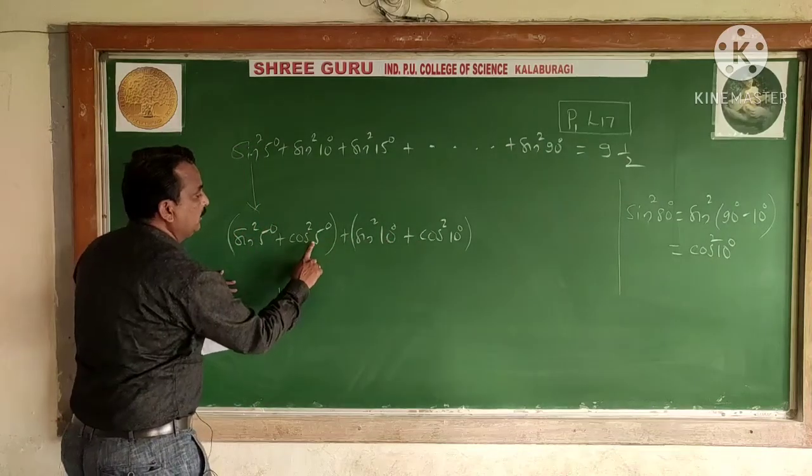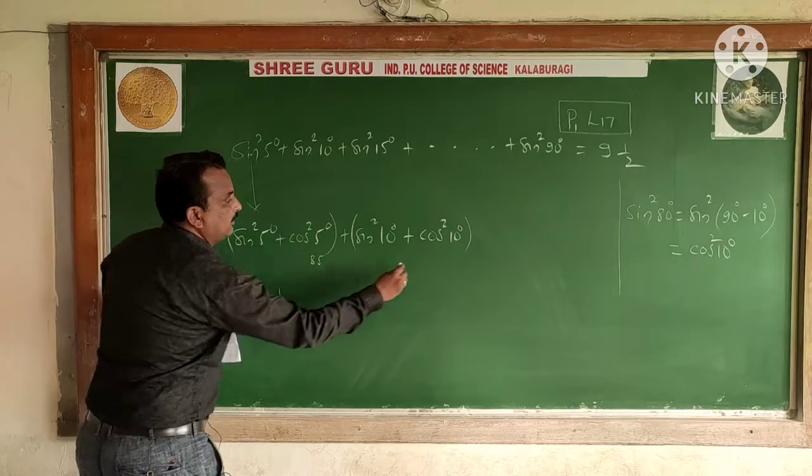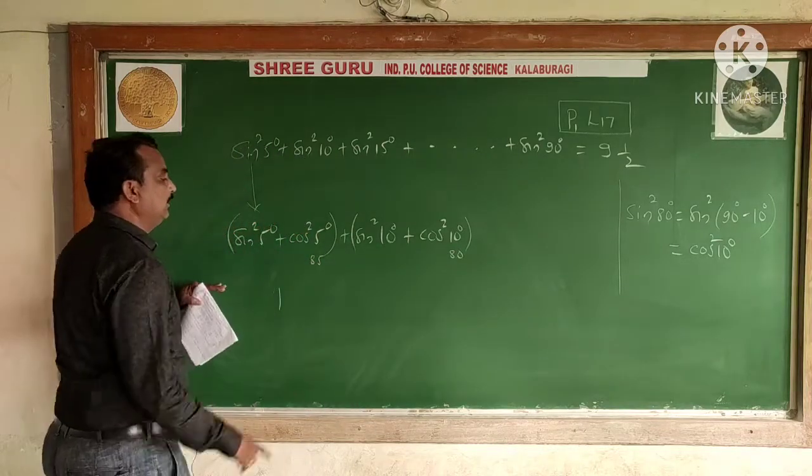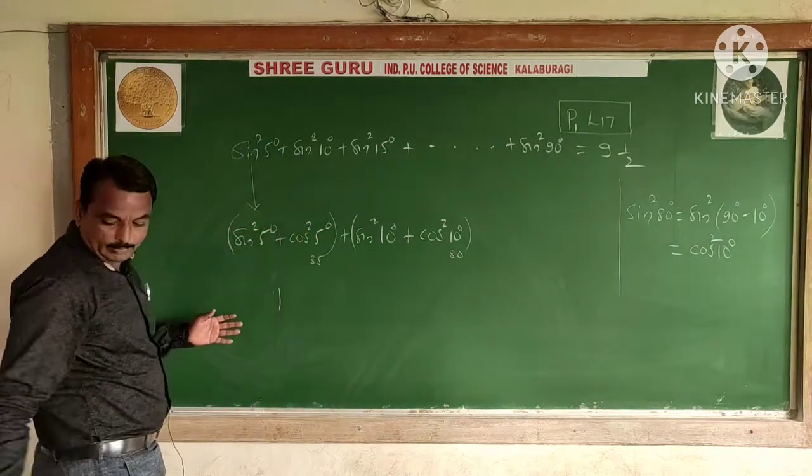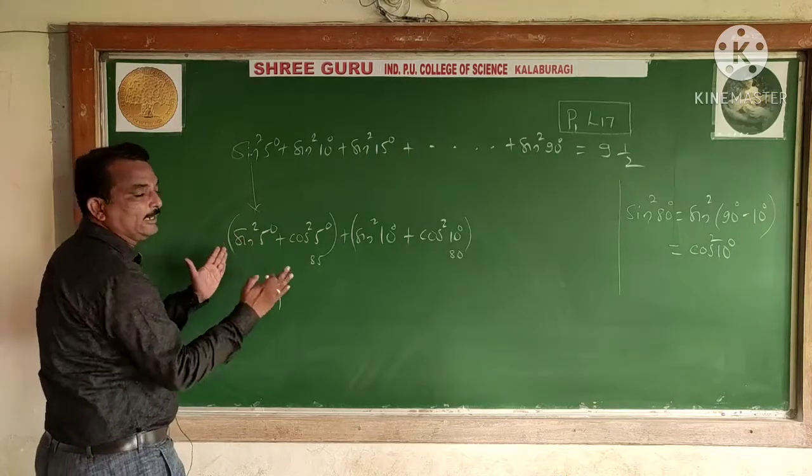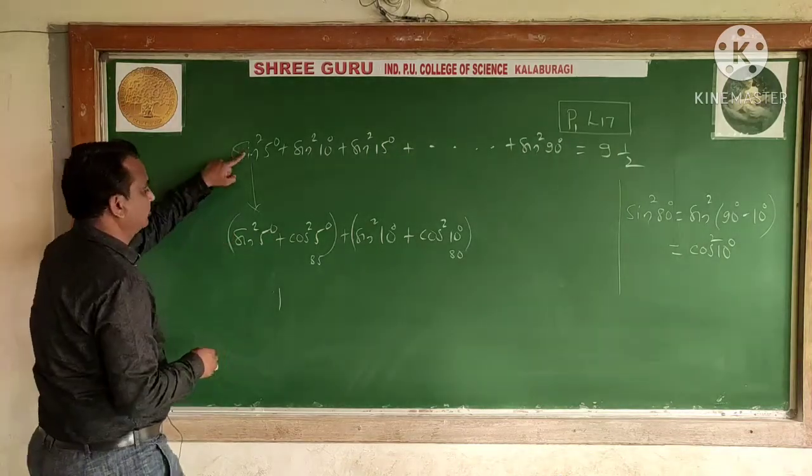This 10 means, what is it? This is the sin square of 85. This is the sin square of 80. Like that, arranging the terms here, it becomes that identity, sin square theta plus cos square theta, so it becomes 1.